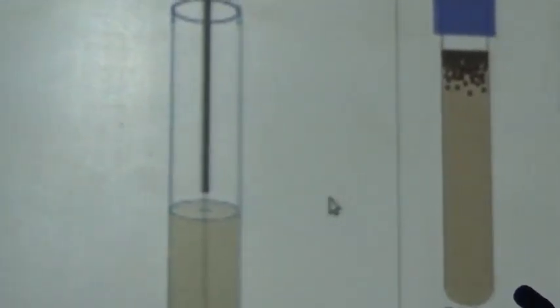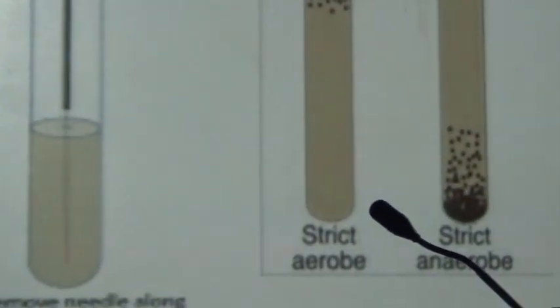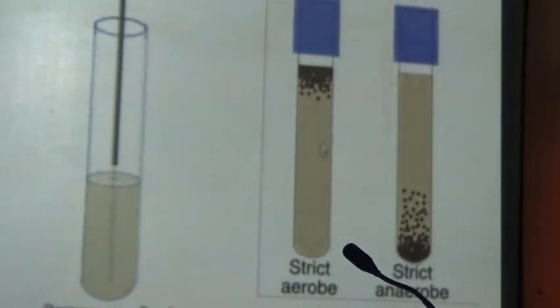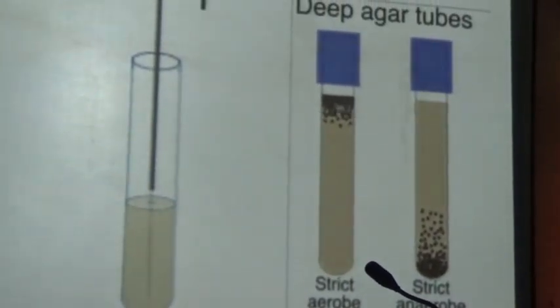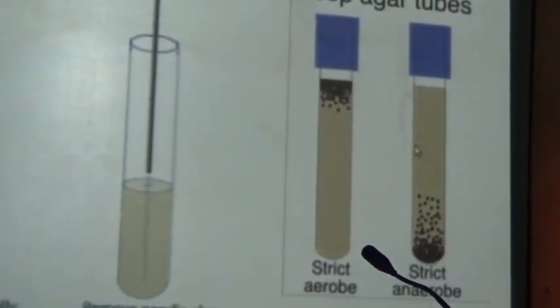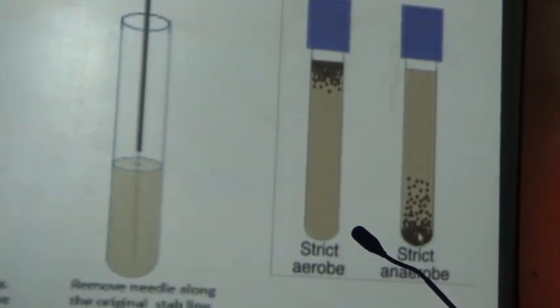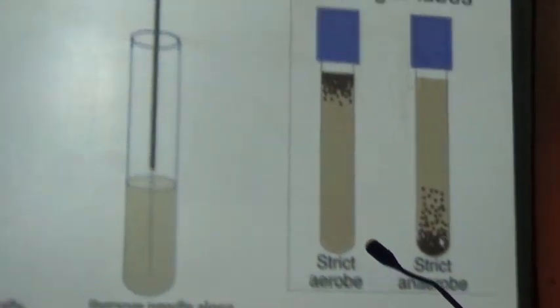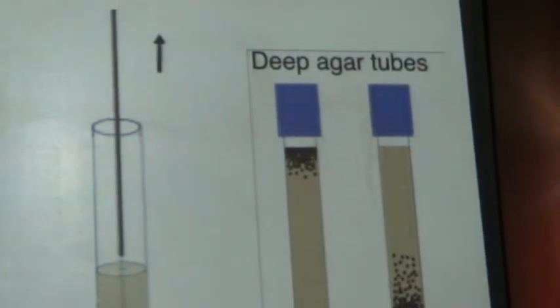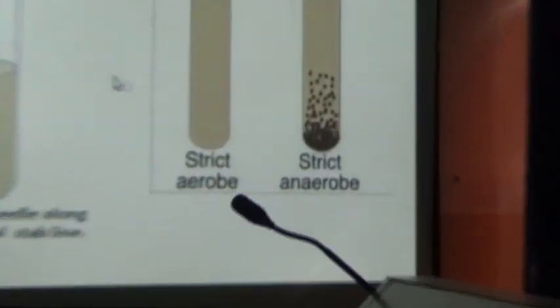Then this straight wire is taken out, and if the bacteria are strict aerobes, they will grow at the top here, like this. This is the growth of strict aerobes, and if the bacteria are anaerobes, they will grow at the bottom of the tube. So this is called the deep agar culture of anaerobic bacteria.